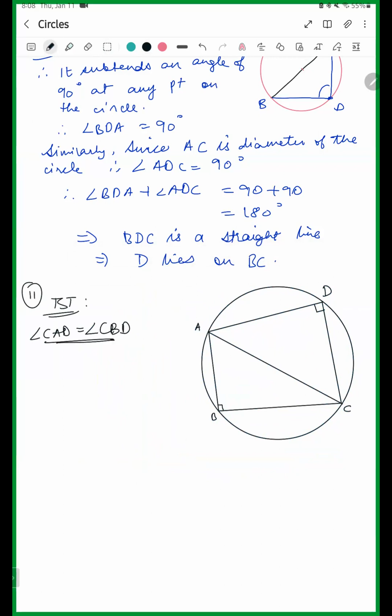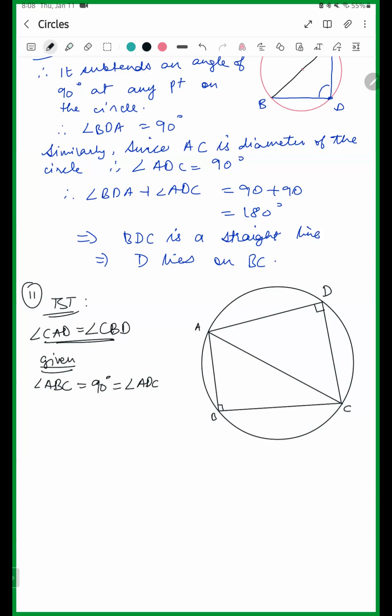Now see, this one is 90 and this one is 90. What is given? Given angle ABC is equal to 90 degrees, and angle ADC is also 90 degrees.